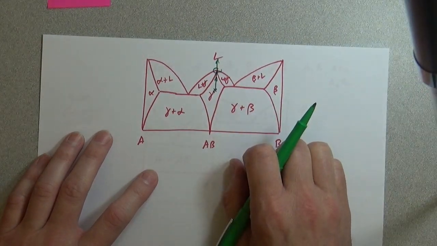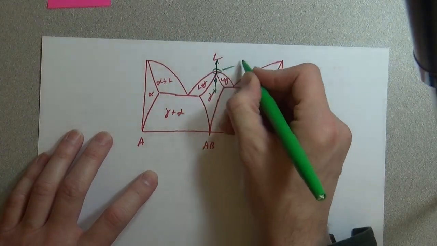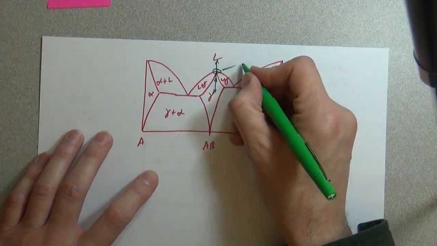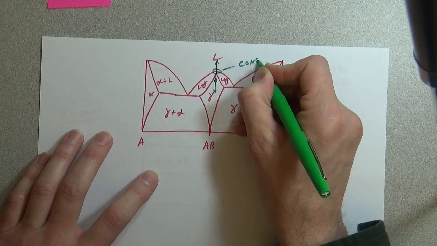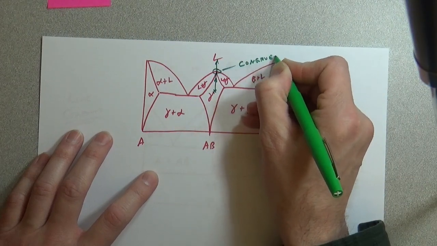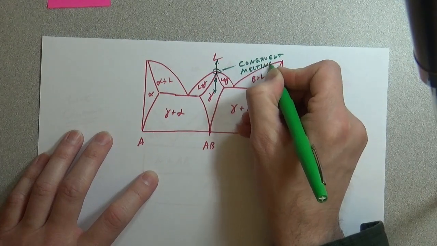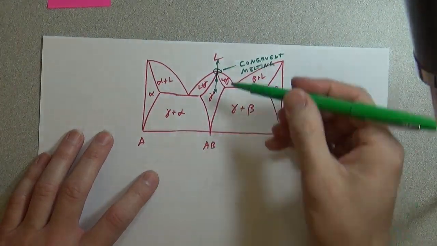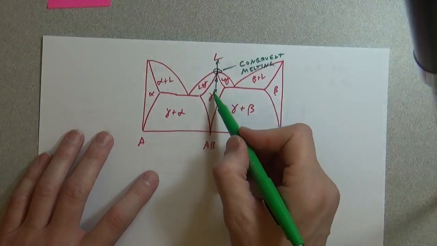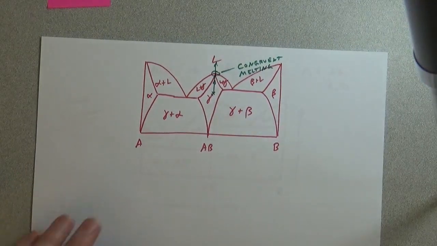There was no two-phase region in there. And that's called a congruent melting point, or congruent freezing if you're going liquid into gamma. And that's a special point in phase diagrams.